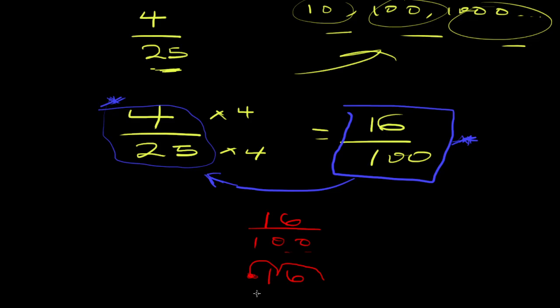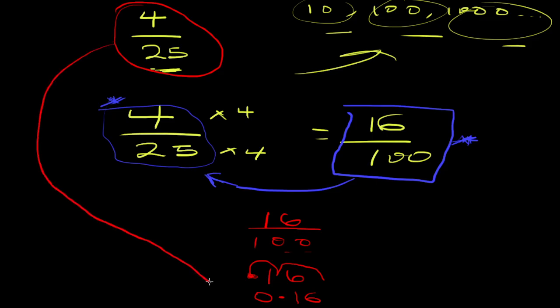So this is going to be 0.16. There you go. So when we change 4 over 25 to a decimal, it's going to give us 0.16.